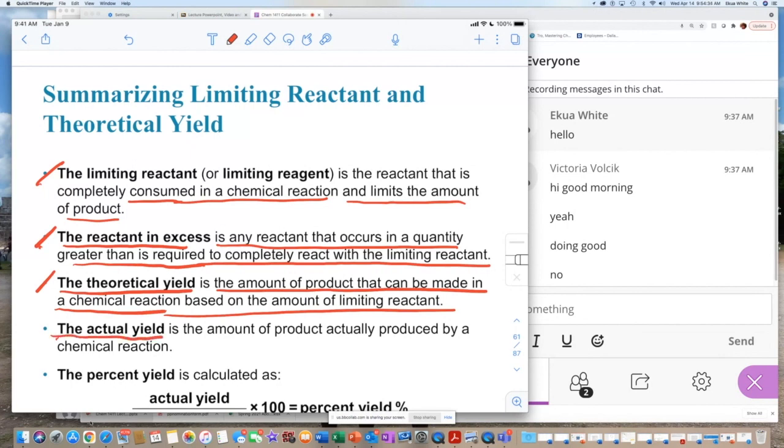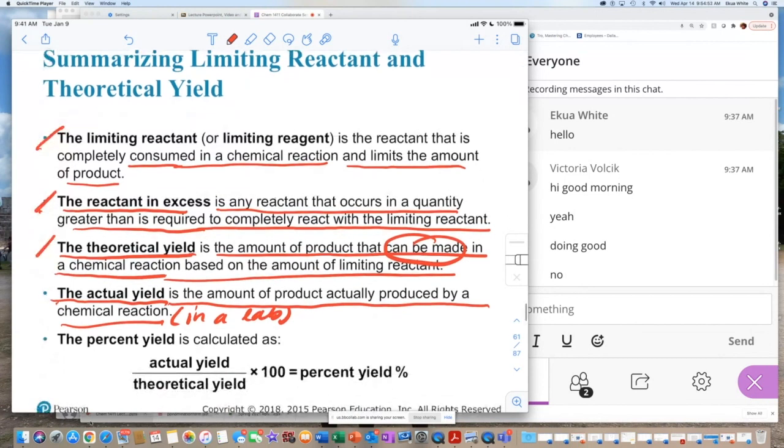What is the actual yield or experimental yield? This is the amount of product that you actually produce by a chemical reaction. This is referring to in a lab. A theoretical yield is what you can produce, the amount that can be made assuming everything in the lab goes perfectly.